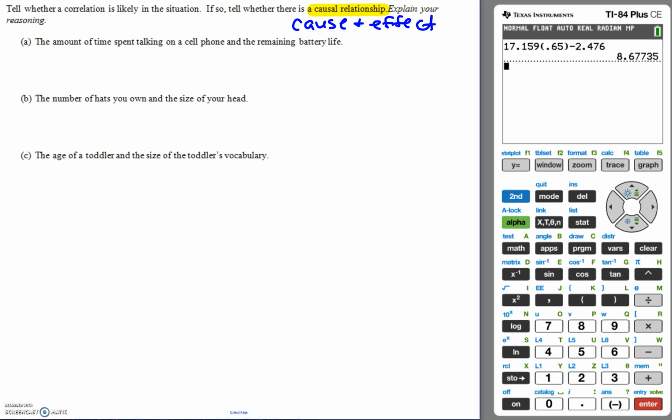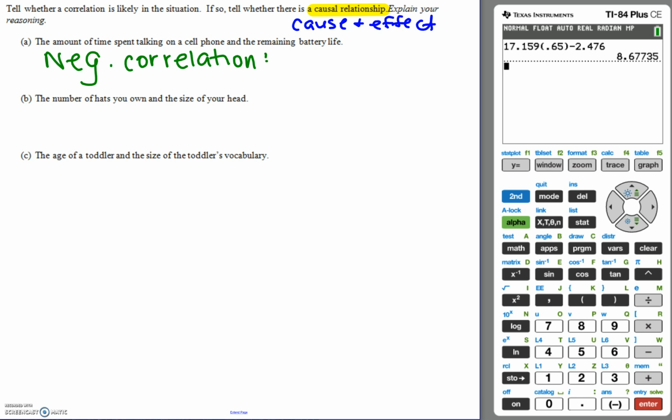This is going to be a negative relationship or a negative correlation, because correlation is just like a relationship. And the reason being is it is a causal relationship because the more you talk on your cell phone, the battery will decrease.